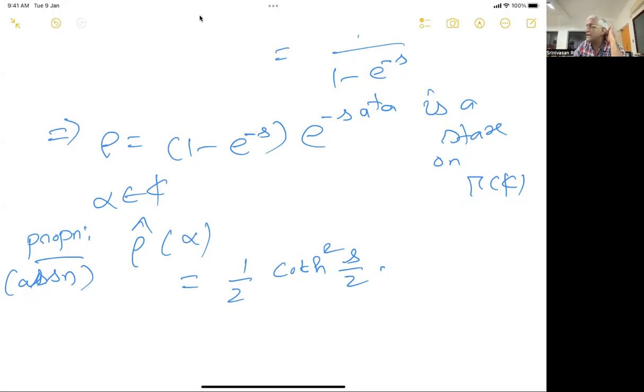So I have s by 2 here. Yes, I think it is coth square s by 2.